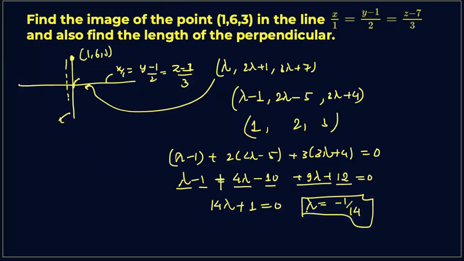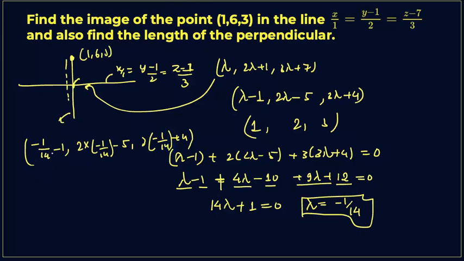Once you find the value of lambda, you can put it here and you will get the point as (-1/14 - 1, 2 into -1/14 - 5, 3 into -1/14 + 4).